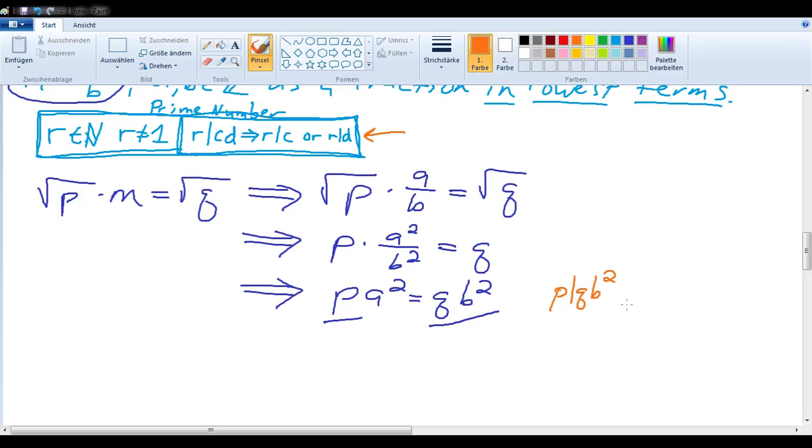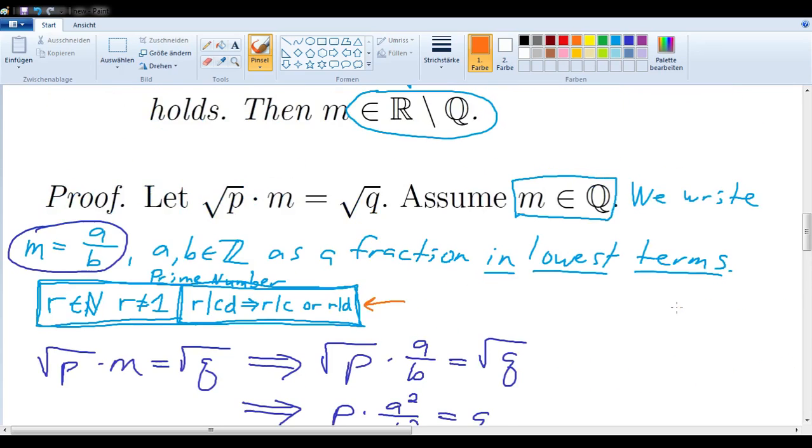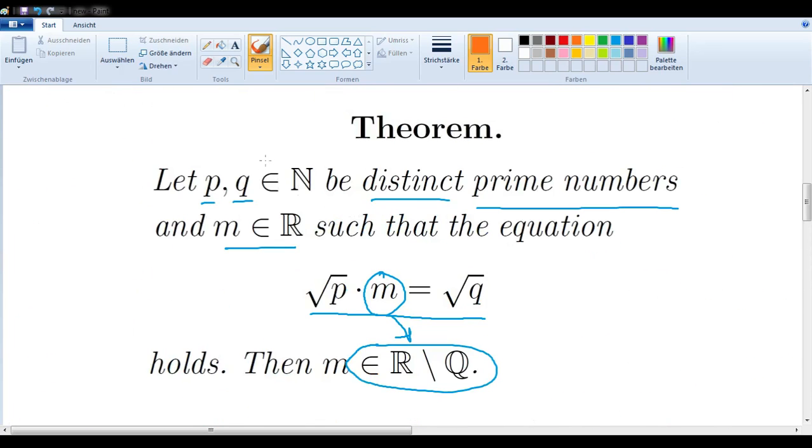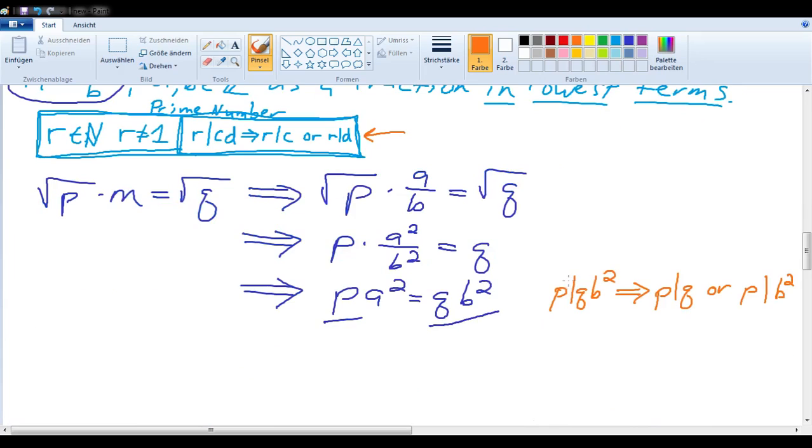Then that means p divides q, or p divides b squared. Can p divide q? Well, we know that p and q are distinct prime numbers. There's no way that one prime number can divide into a different prime number, so that cannot be the case. So this must be the case.